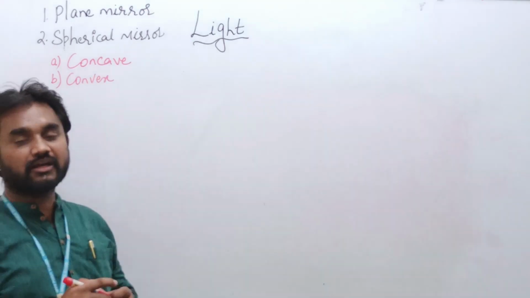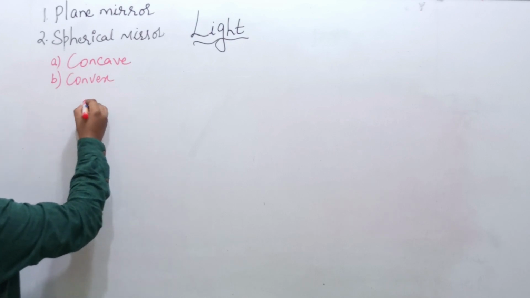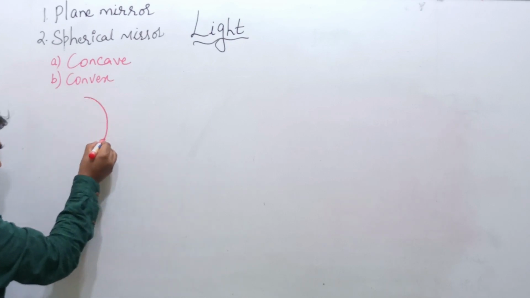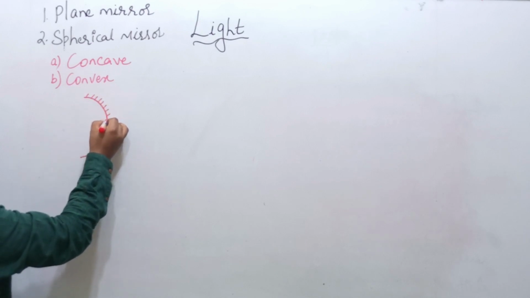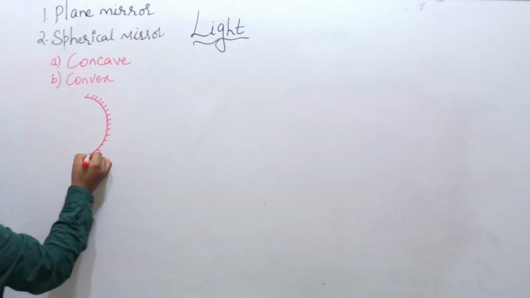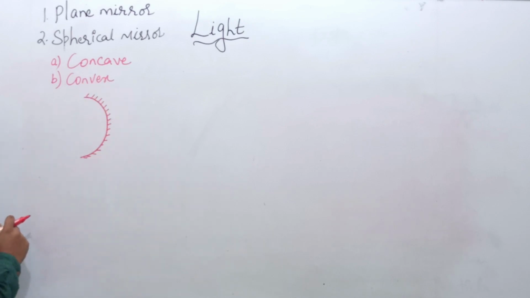We have also drawn and distinguished that the concave mirror is one whose reflecting surface is bent in. This is the reflecting surface and this shaded part is the non-reflecting surface, and this is called concave.